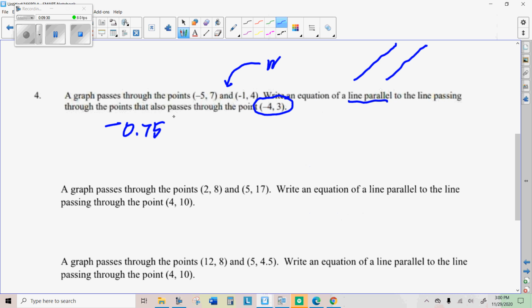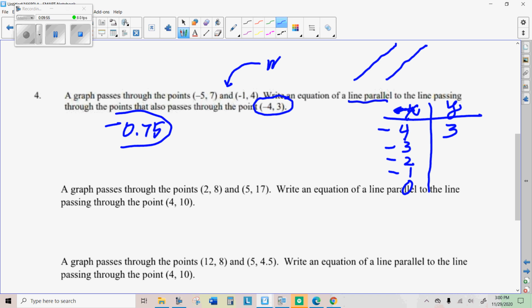So now to get my y-intercept, you know what? I'm gonna use the table method here, just so you can see how that works. So this is my x. This is my y. I know I want it to go through this point. But I need to know where x is 0, so I need to keep adding 1 till I get to 0. Every time I add 1, my y value is going to go down by 0.75.